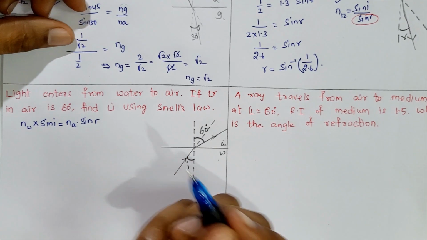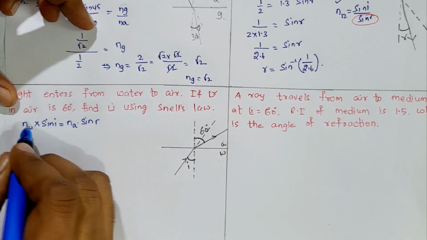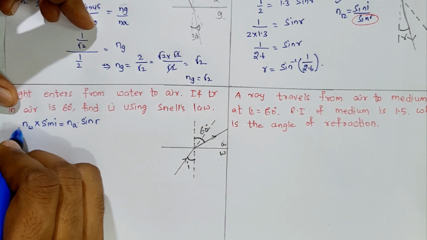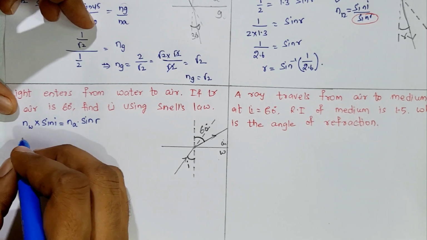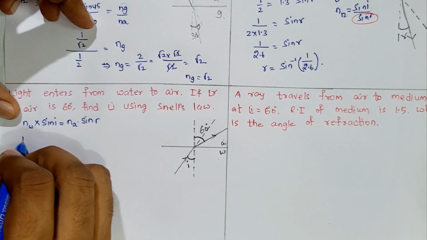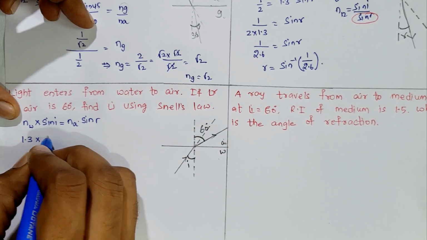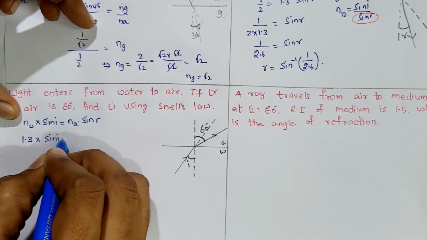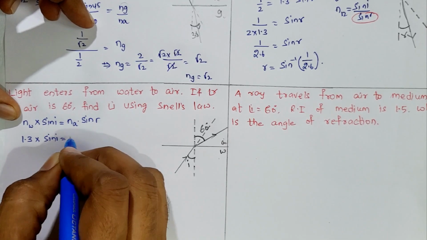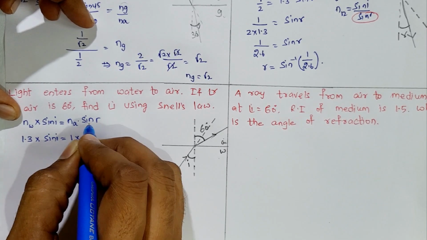What we have to find? We have to find sine of angle of incidence. What is the refractive index of water? It is 1.3 into sine I is equal to refractive index of air, which will be 1 into sine R.